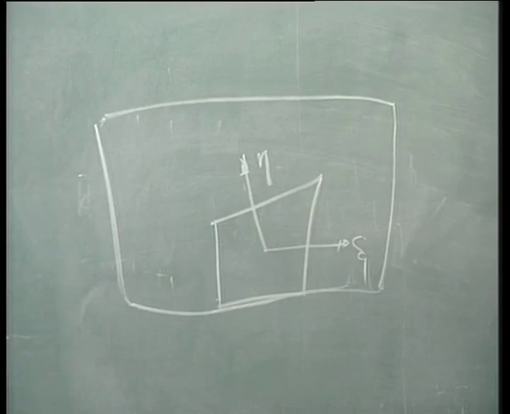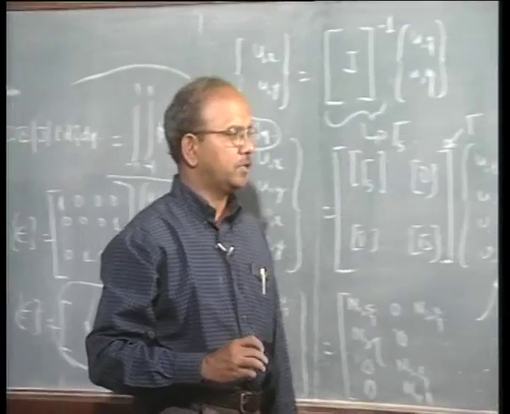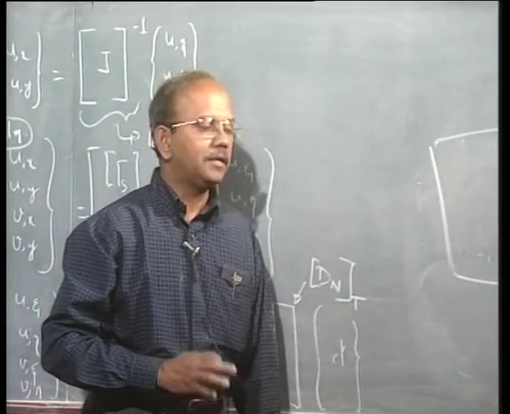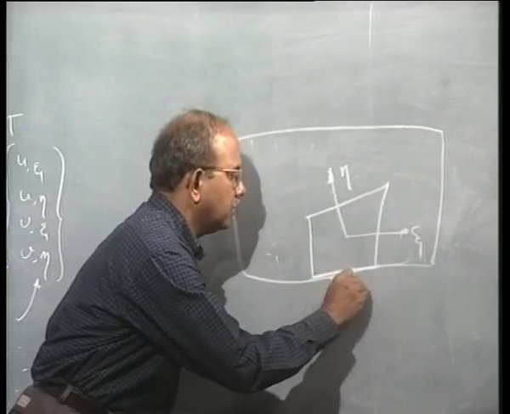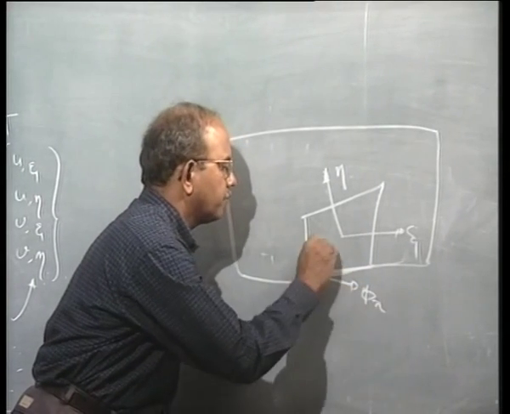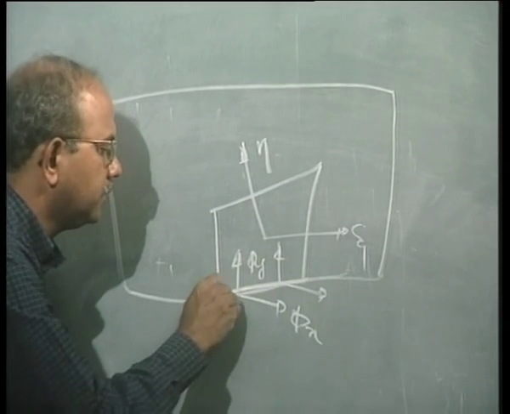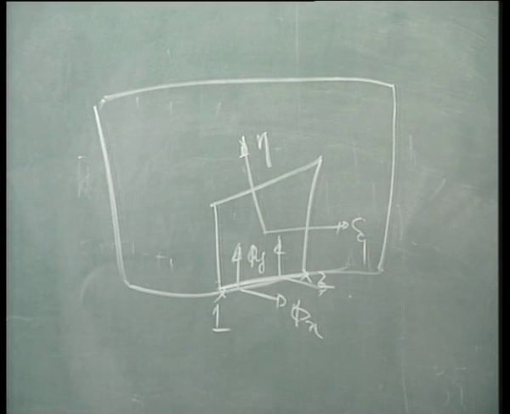So in that element, we have defined a surface force or surface traction, pressure, whatever we call it. Let us say that we have given a pressure of say phi x and phi y in this particular surface.